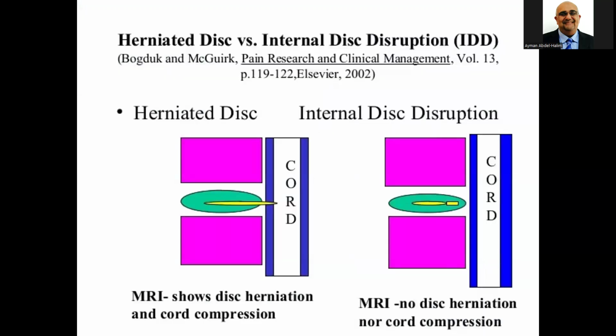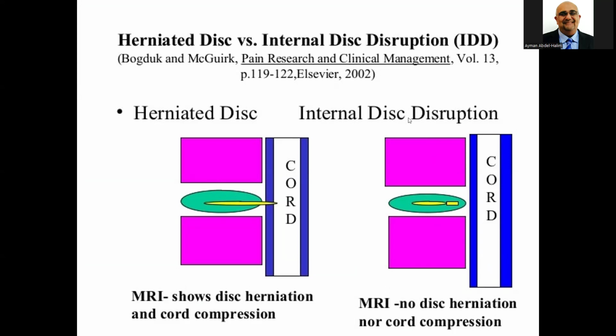How about herniated discs? Well, we have to differentiate between herniated disc and internal disc disruption because this is a very common encounter. With herniated disc, the MRI shows disc herniation and spinal cord compression, while with internal disc disruption, the MRI does not show disc herniation nor cord compression.